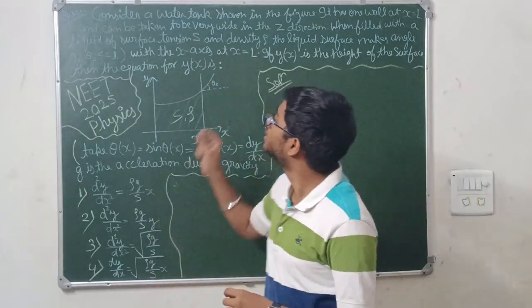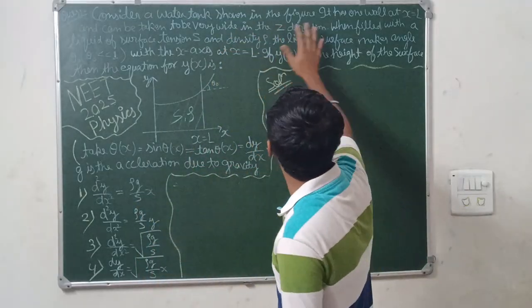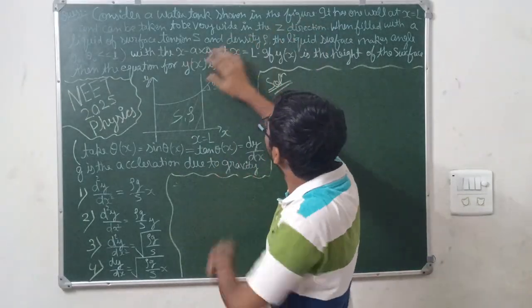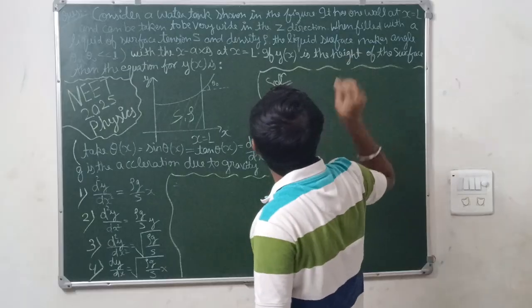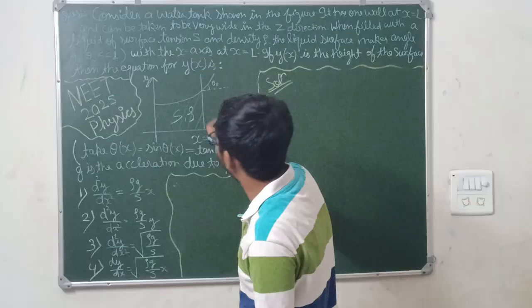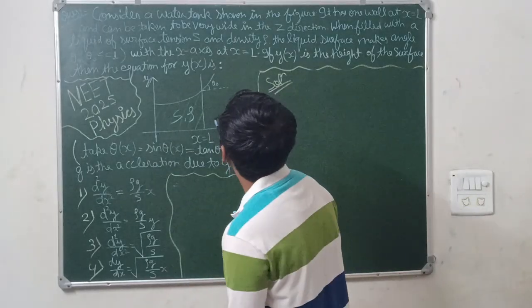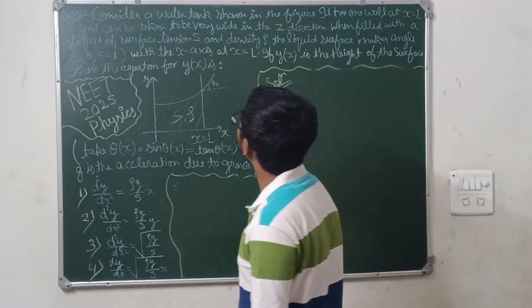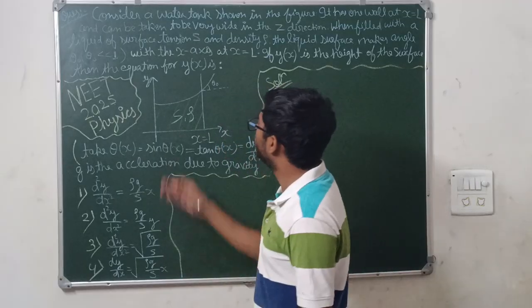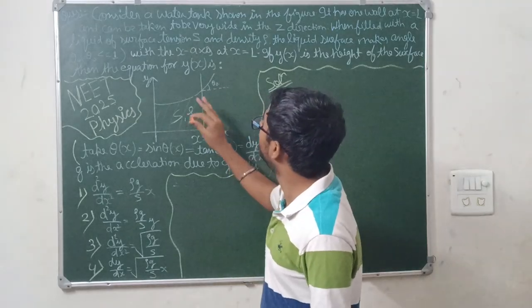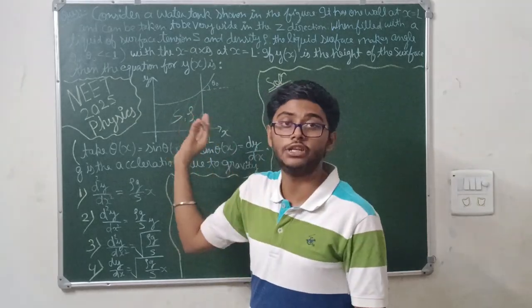So the question says: consider a water tank shown in the figure. Here we have a water tank which has a wall at x is equal to L, and can be taken to be very wide in that direction. It is filled with a liquid of surface tension S and density rho.